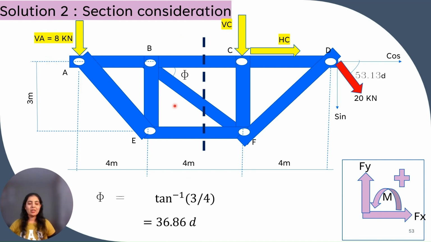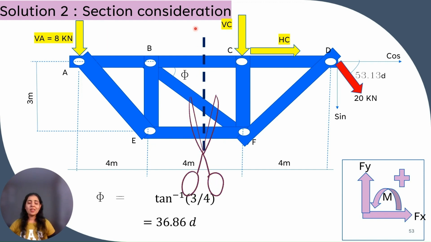Now the next step is to determine the section. How to cut this truss so that we will get our required unknowns, the required forces in the required members. So we want the force in BC, member BF and member EF.